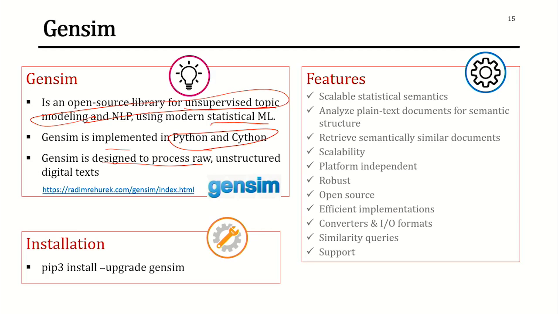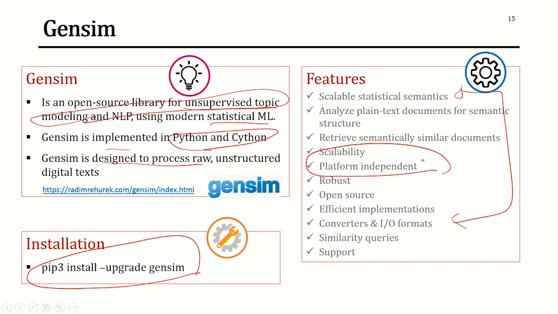To install Gensim, you can use this command via pip3 install, and you give the name of this library. And this gives you a list of features that can be performed using Gensim. One of the advantages of using the Gensim library is that it gives you scalability and platform independence.